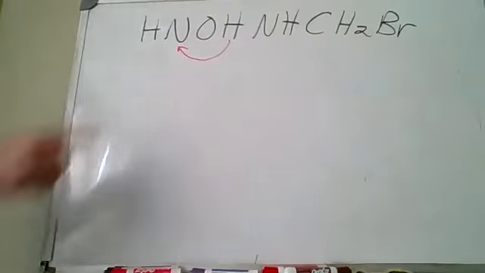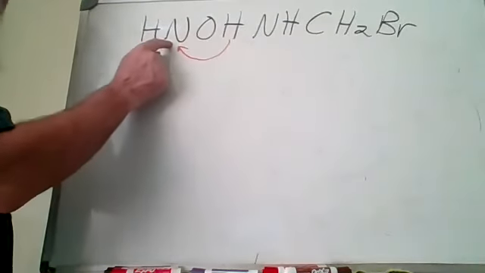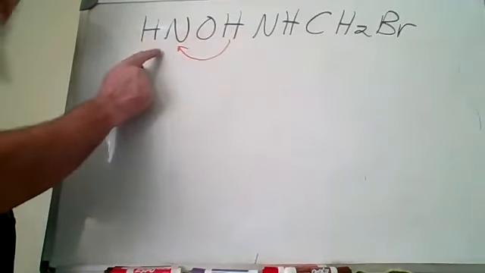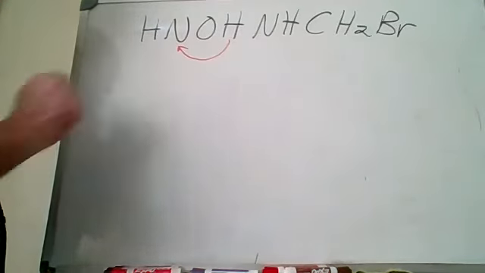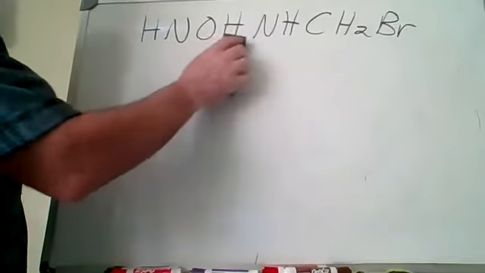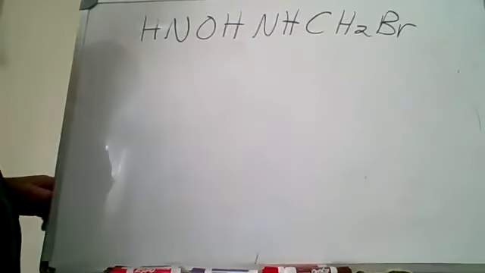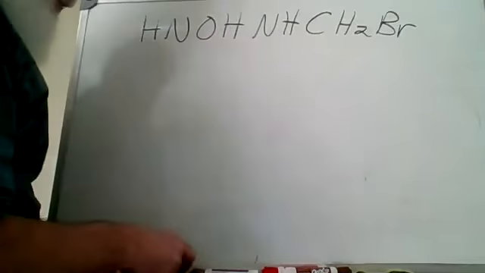Okay? So this hydrogen is going to go with this oxygen, not with this nitrogen. Does everybody understand that? Do I need to say it again? All right. Never move an atom across a non-hydrogen unless you have no other choice.